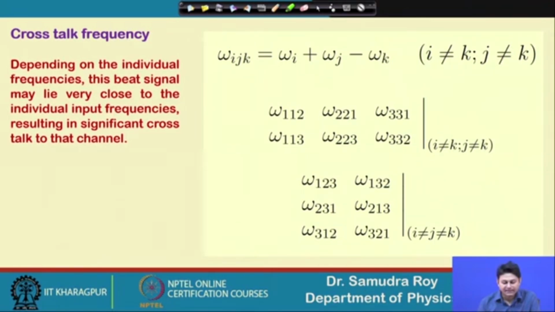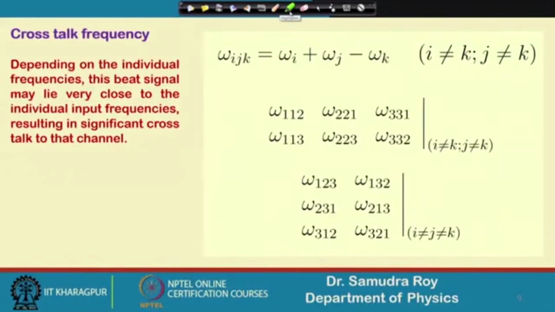Because of that they can generate some kind of cross phase or crosstalk problems, and this is happening in optical fiber where WDM systems, wavelength division multiplexing, are there, where different frequencies are moving together as different channels. But if the 4-way mixings are there, different frequency components are going to be generated, and among these there are a few frequency components which are very close to the launched frequency components, and as a result we will have some kind of distortion in the signals.